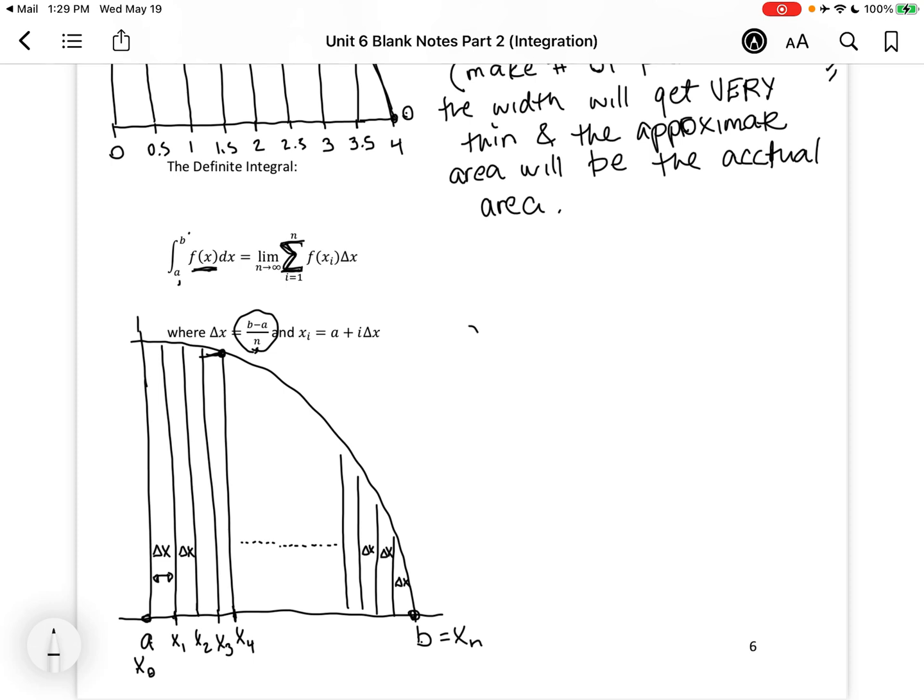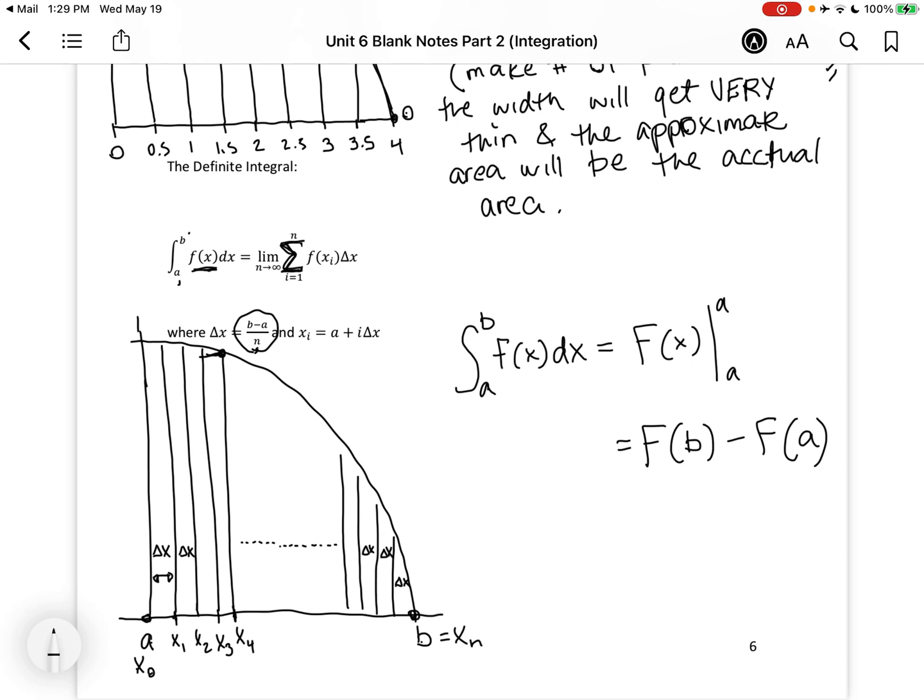The integral from a to b of f of x dx is defined as capital F of x from a to b, which is equal to F of b minus F of a.